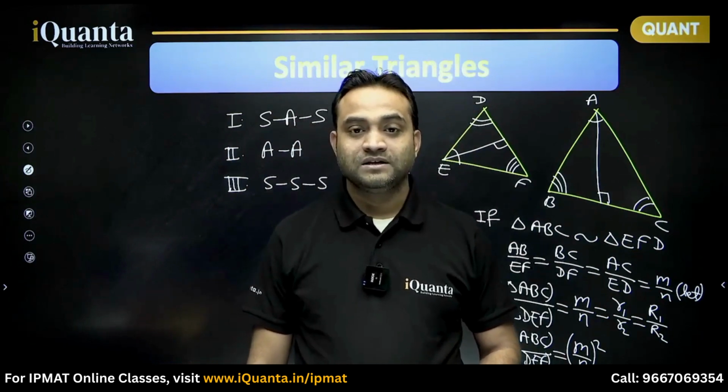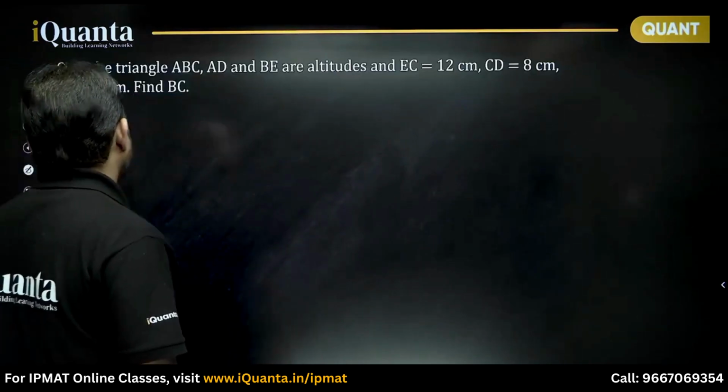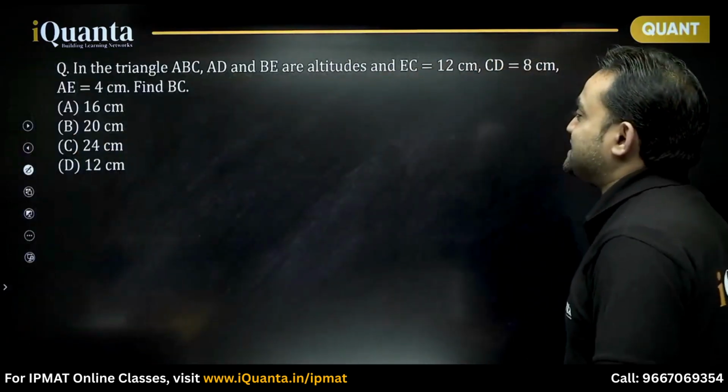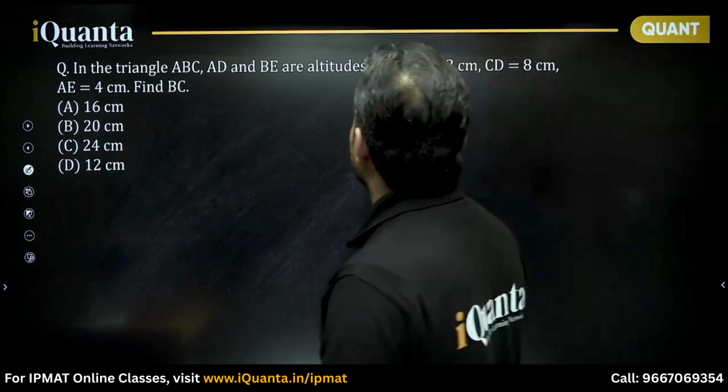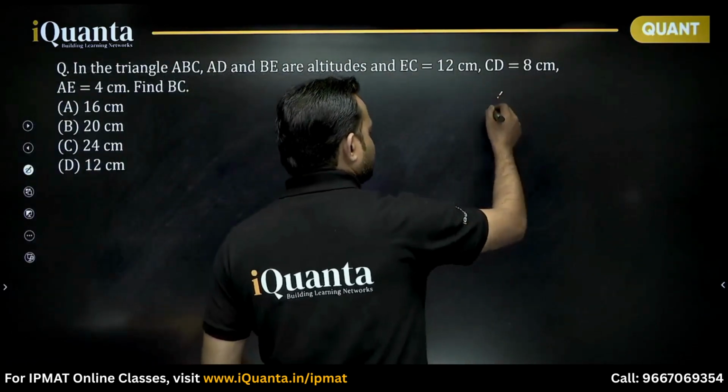Now let's go to the questions. First question, it says in triangle ABC, AD and BE are altitudes, and EC is equal to 12.